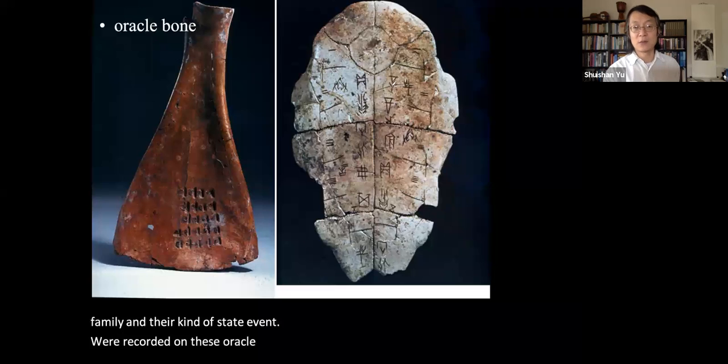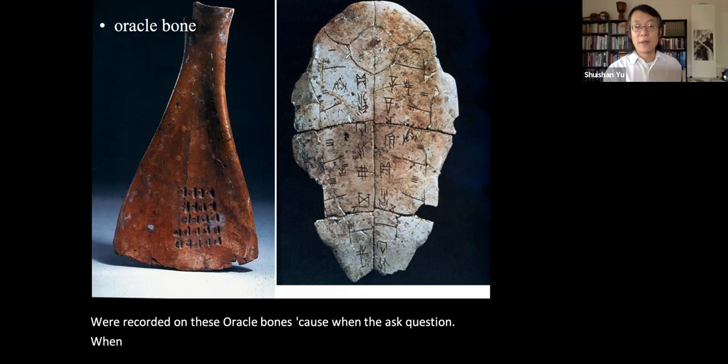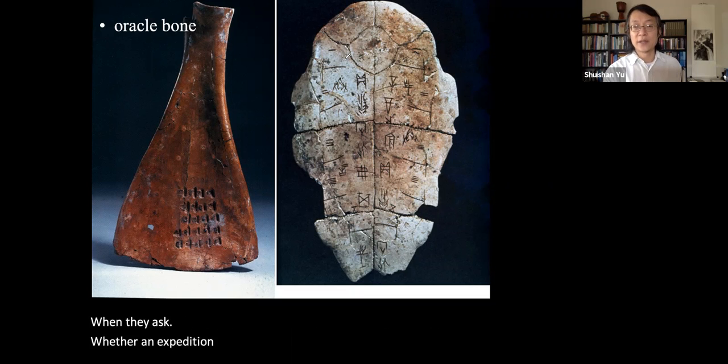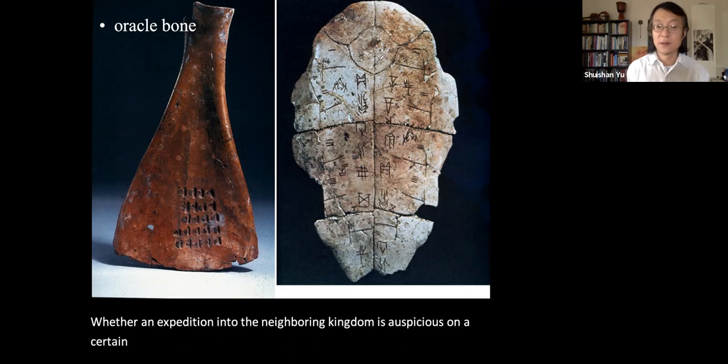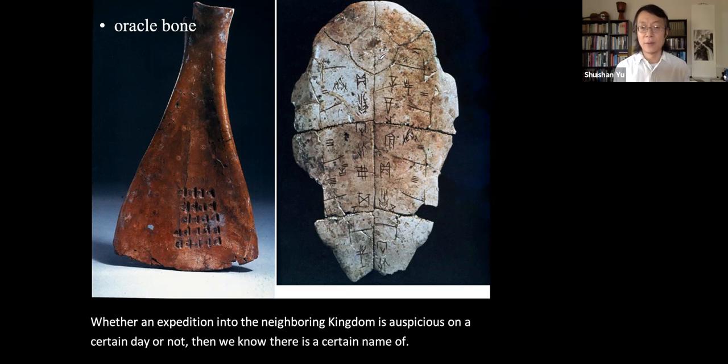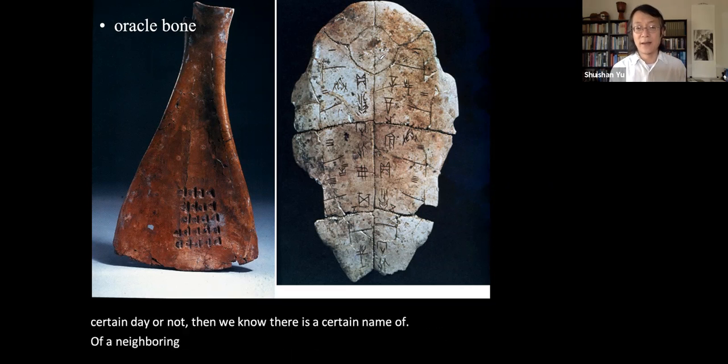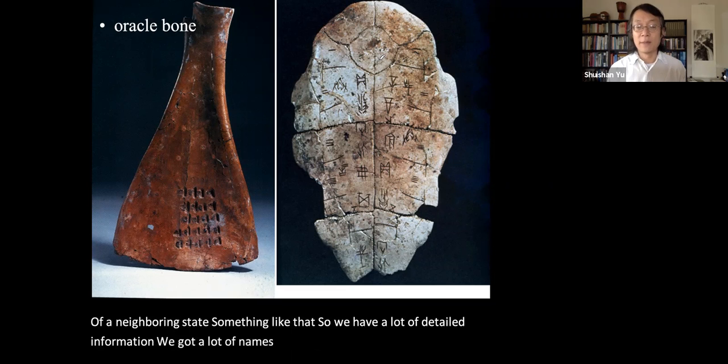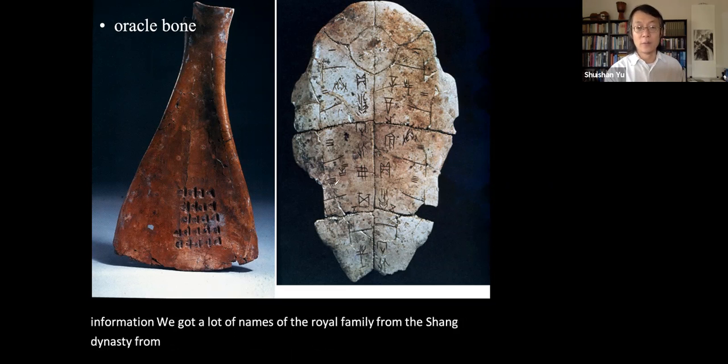Because when they asked a question, for instance whether an expedition into the neighboring kingdom is auspicious on a certain day or not, then we know there is a certain name of a neighboring state, something like that. So we have a lot of detailed information. We got a lot of names of the royal family from the Shang Dynasty from these oracle bones.